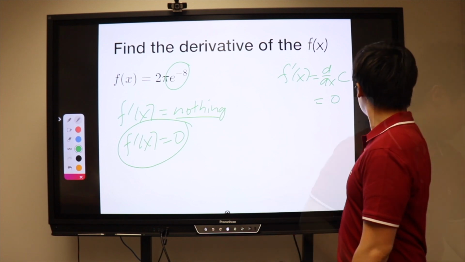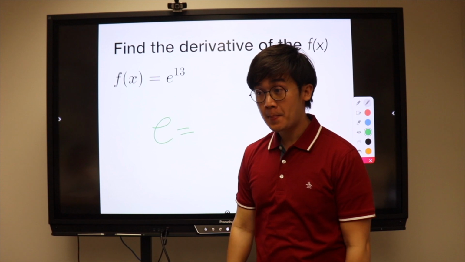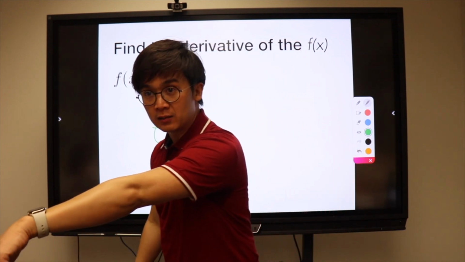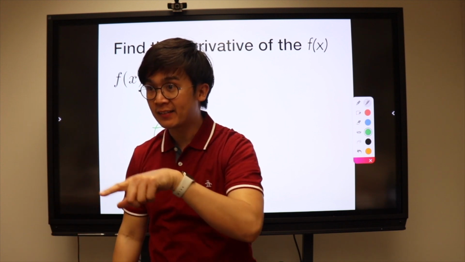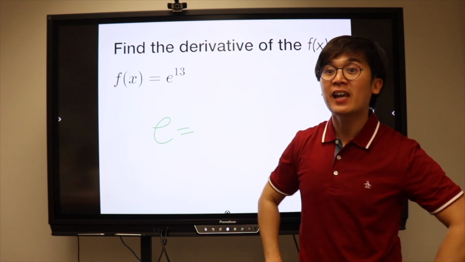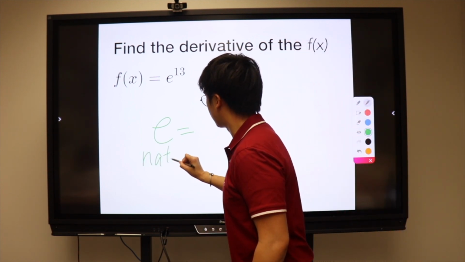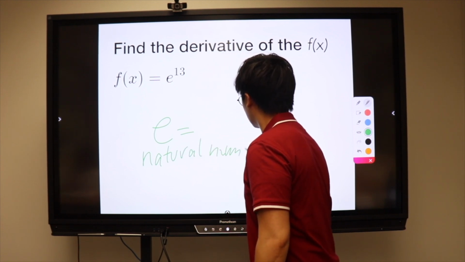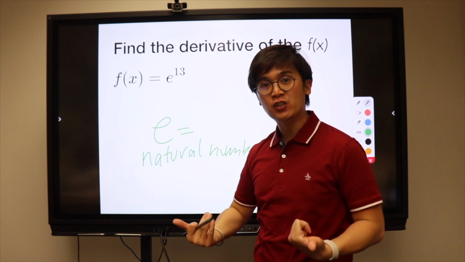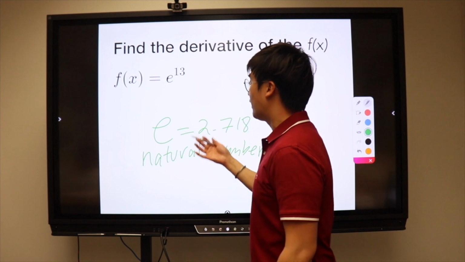How about this? First, do you know the value of an e? No. Oh my god. Get your calculator. Push e, the letter e, and give me the value of e. What is e? E is a constant in mathematics. We call it natural number. And what is the value of the natural number in mathematics? 2.7182818.